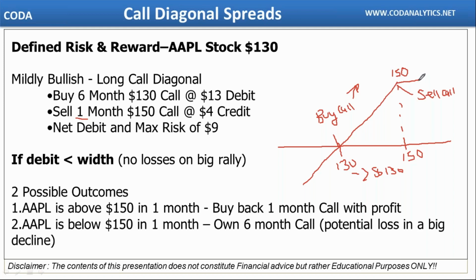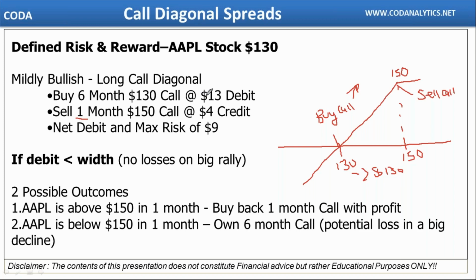If you have to meet this obligation, you have to have some underlying shares to sell. But at this point, with price at 150, you don't have that stock currently. So the only option you have is to go back to your 6 month call option and exercise your right of buying it.